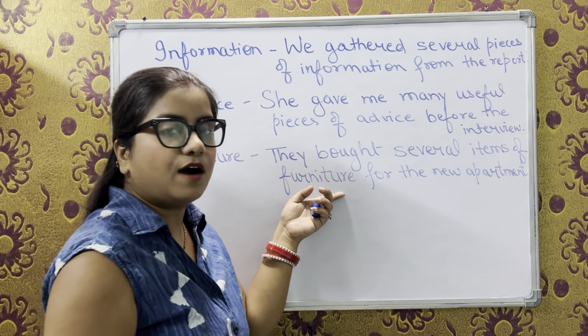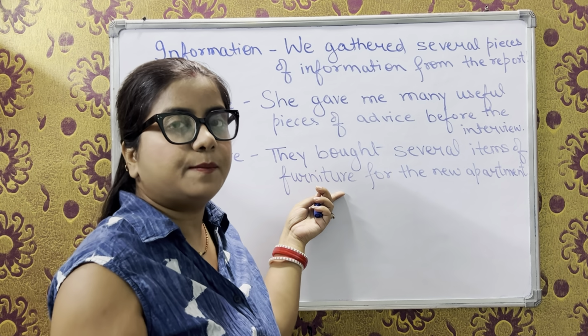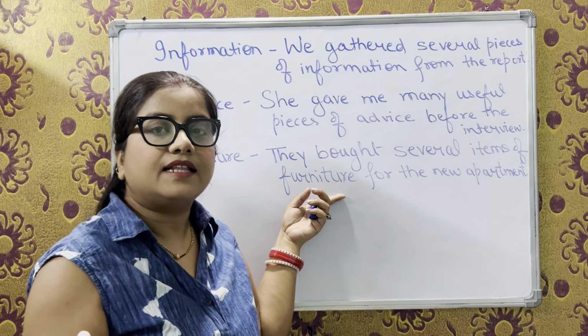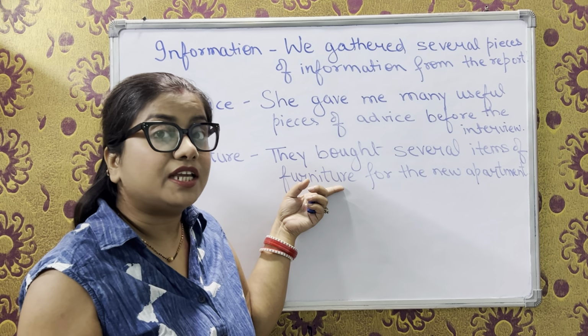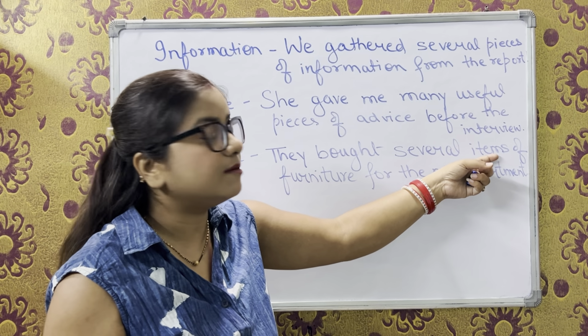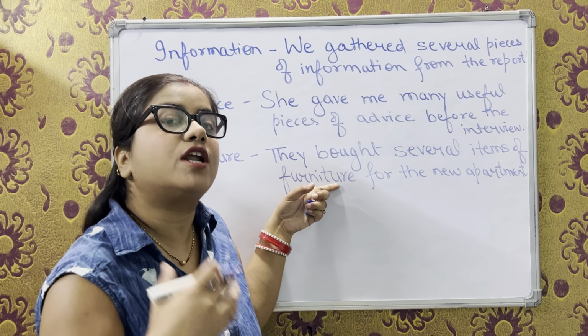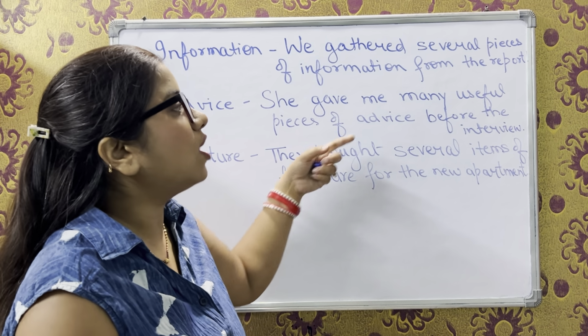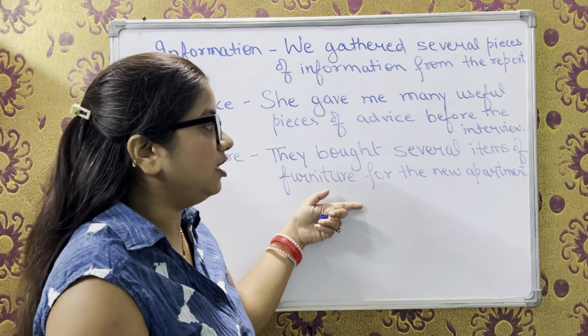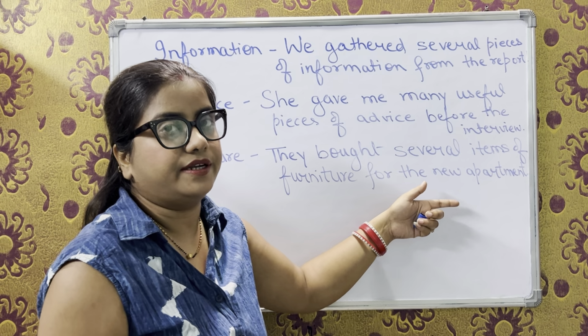If I talk about sofa, table, chairs, they all come under the category of furniture, and we can count them as items, but I cannot make it furnitures. So I have made a sentence like they bought several items of furniture for the new apartment.